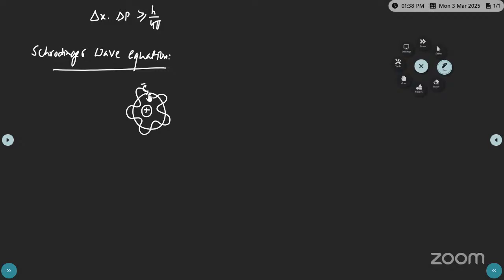Do you understand? The wave nature of the electron can be described by the Schrodinger wave equation three-dimensionally, regarding the x-axis, y-axis, and z-axis. How are these electrons revolving around the nucleus three-dimensionally?